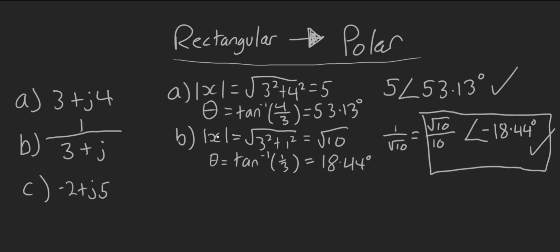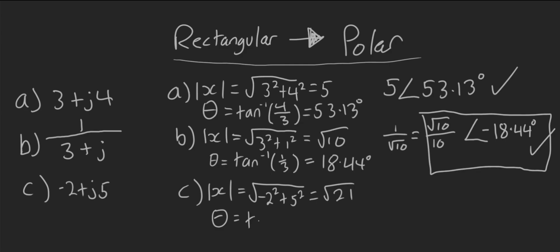Now for part C, let's find the magnitude for that. Minus 2 squared plus 5 squared will give us an answer of square root 21, and our angle here is inverse tangent of imaginary over real. It will give us an angle of minus 68.19 degrees.